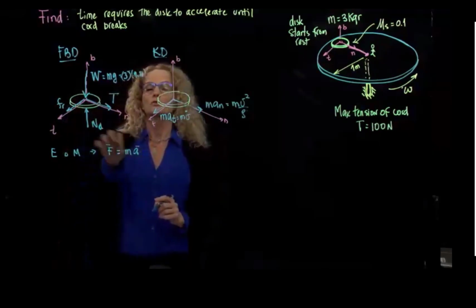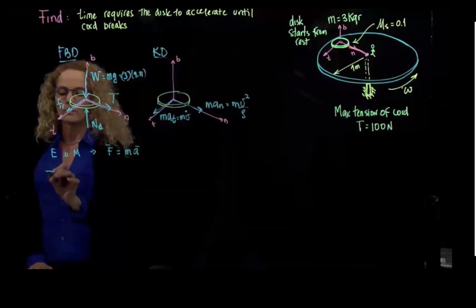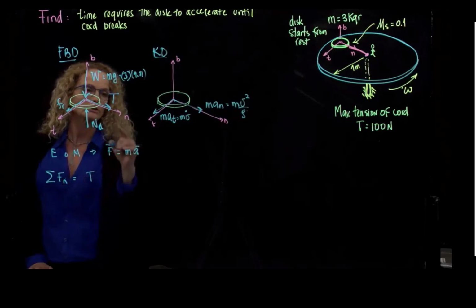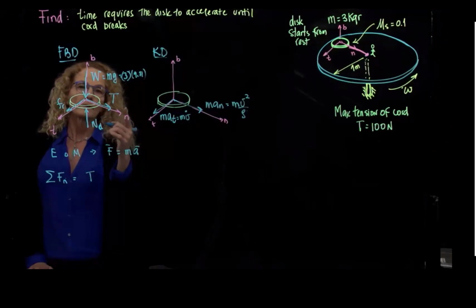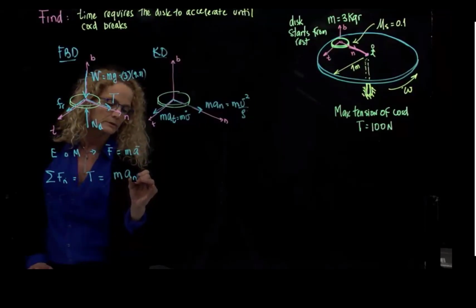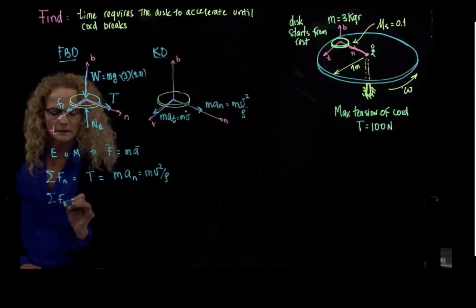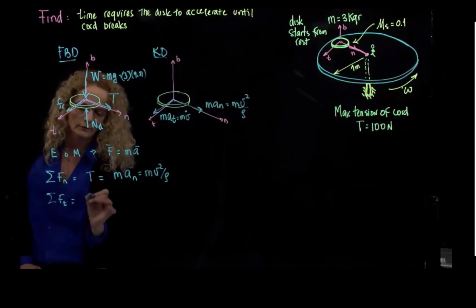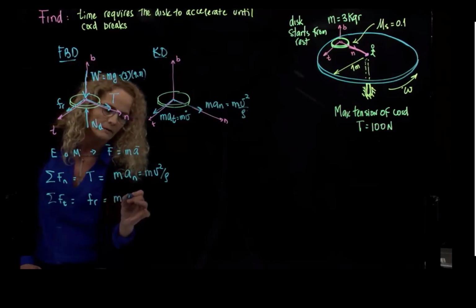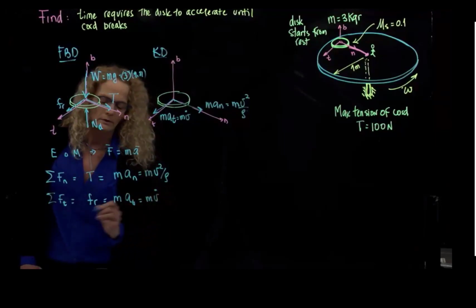And since we chose to use normal and tangent coordinates, we will add forces. In my normal direction, we have the tension, and we don't have anything else, equals mass times normal acceleration, velocity squared over radius of curvature. In my forces in the tangent, I will have friction force, and I don't have anything else, equals mass times tangent acceleration, which is mass times v dot.